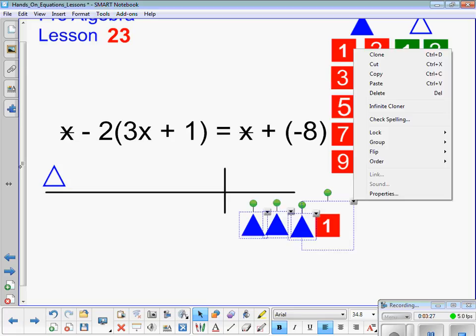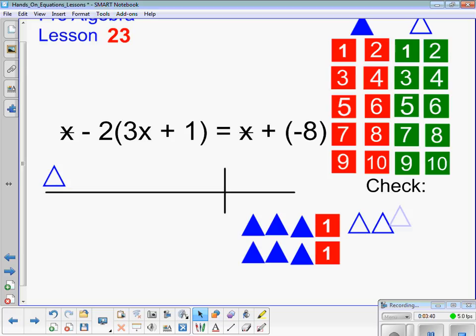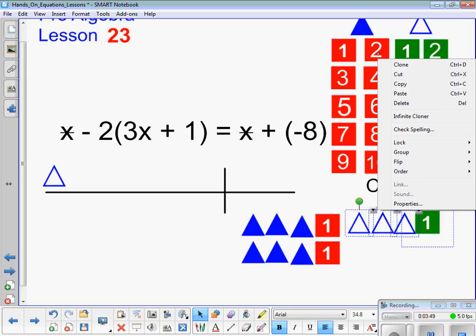I'll clone them. This is what I've got to subtract away from that left-hand side. I don't have any of this over there to take it away, so that means I need to create it by making the opposite of it, so that I could add a 0 to that side.